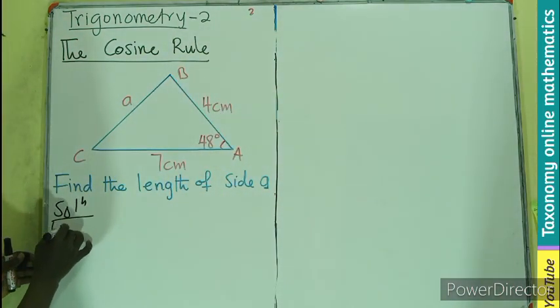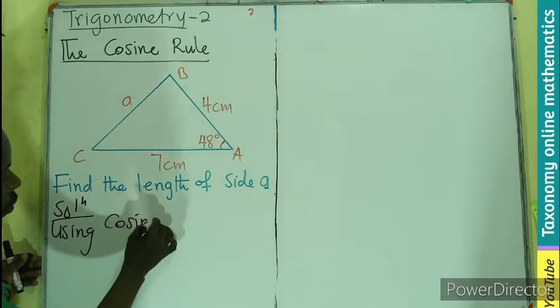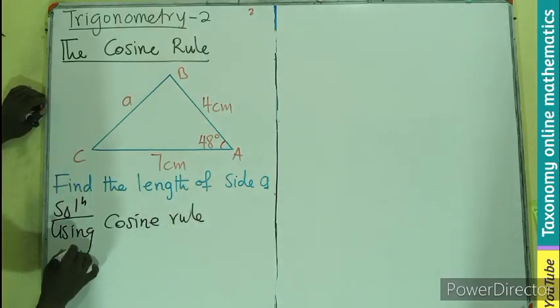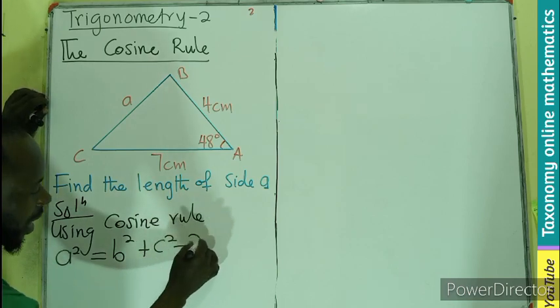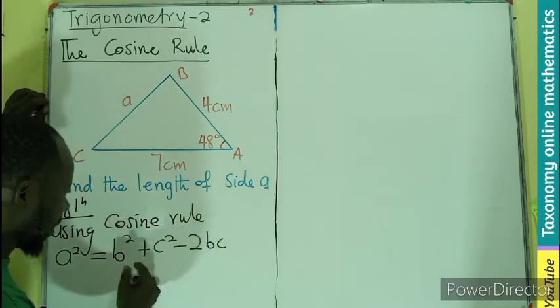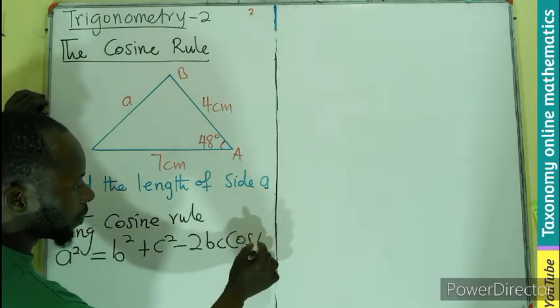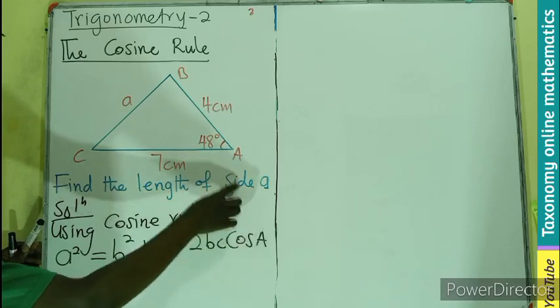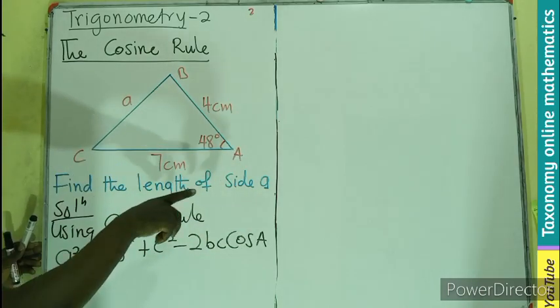So using cosine rule, we can quote the rule to have a squared equals b squared plus c squared minus 2bc, then the cos of the angle A. The capital A in there is the angle at the vertex, the small a is the side facing that angle.